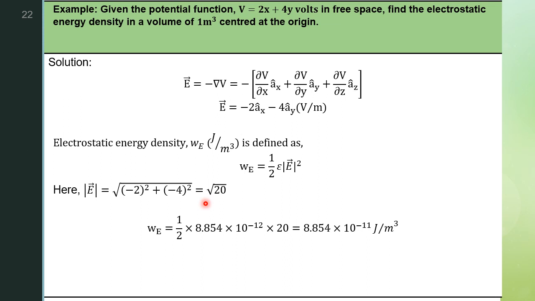Since it is specified as free space, we take epsilon equal to epsilon naught. So it is half into 8.854 into 10 raised to minus 12 into magnitude of E squared, which is 20. So you will get 8.854 into 10 raised to minus 11 joules per meter cube. That is the value of the electrostatic energy density.